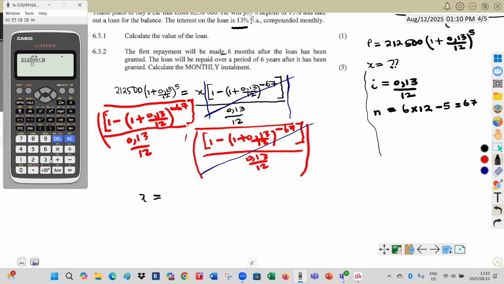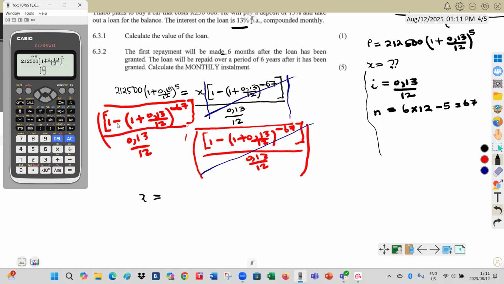multiplied by 1 plus 0.13 over 12, which is going to be raised to the power 5. Then we divide that by, so we are going to put a bracket, then we put a fraction. So we are going to have 1.